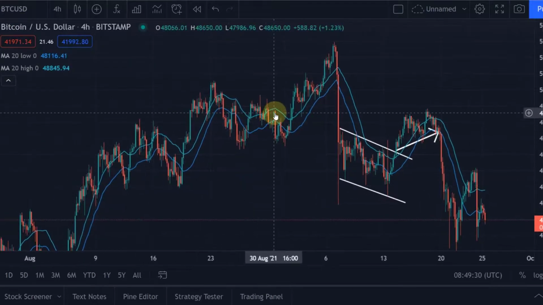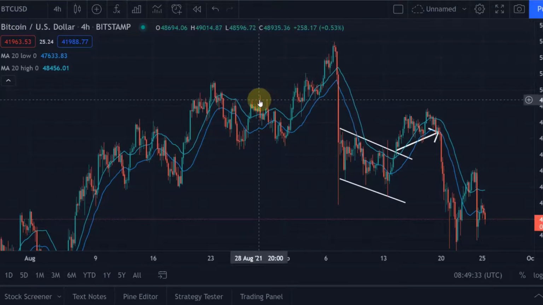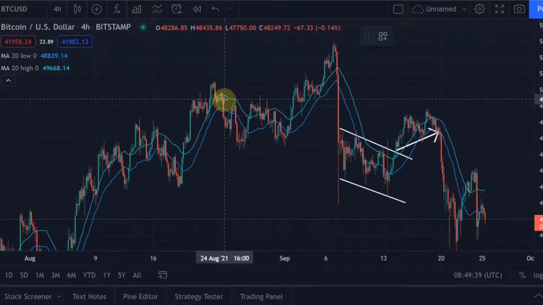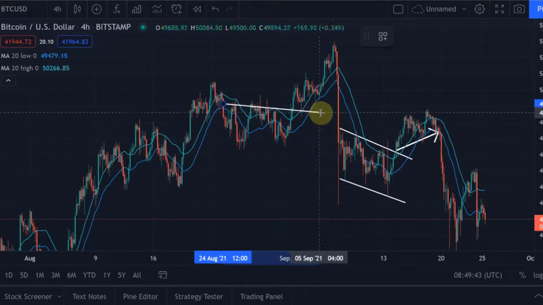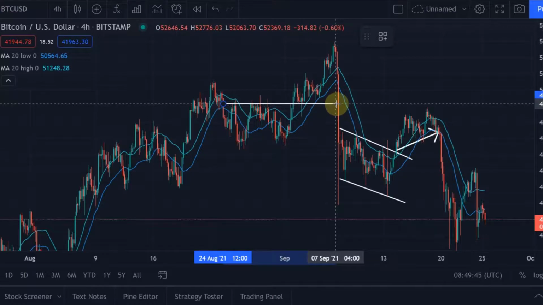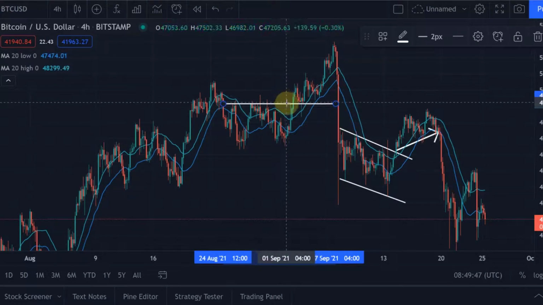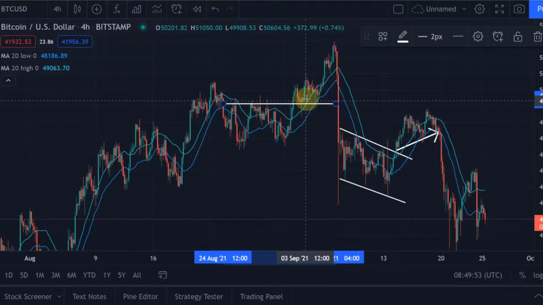And let's see if we can identify one more. Again, here you have a double bottom that you can identify with a neckline here at that point. And you would have again entered the trade here, maybe even after that successful retest, and went up here.